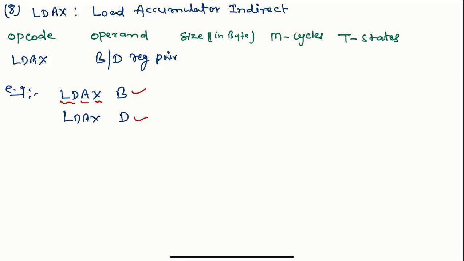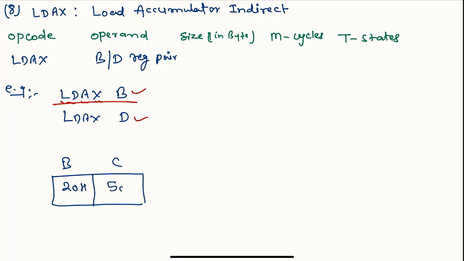Let's say for example, before execution of the instruction LDAX B, the BC register pair has the content: this is B, this is C, so this is 20H and this is 50H. In the memory, let's see, these are our memories.